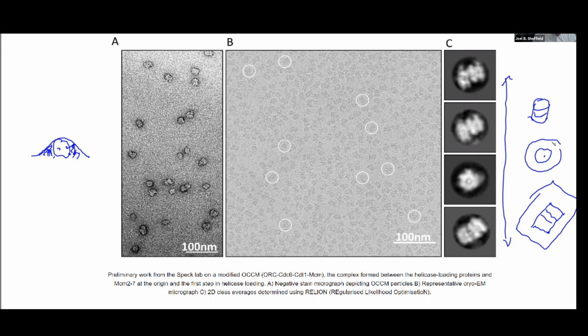And that's what we're seeing in this set of 4 images here that represent different views of this particular molecule, which you really couldn't see individually by yourself.